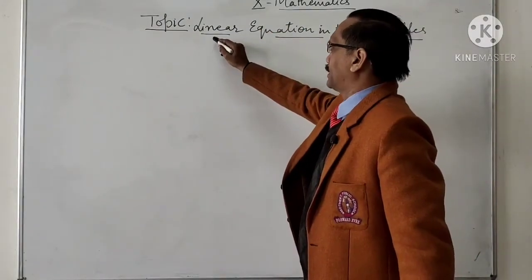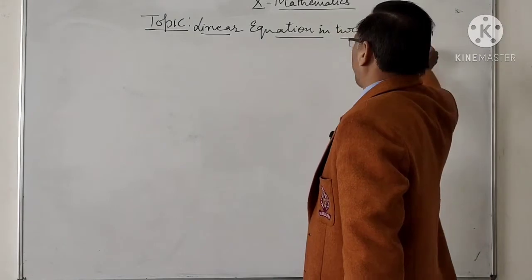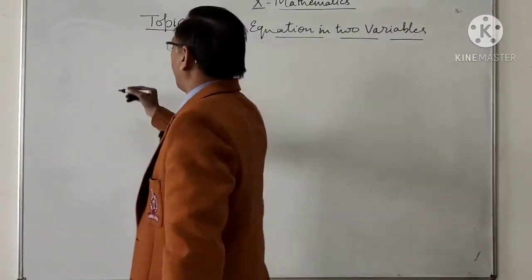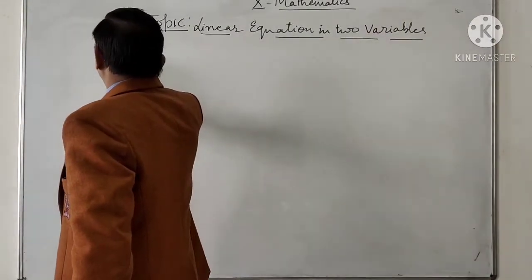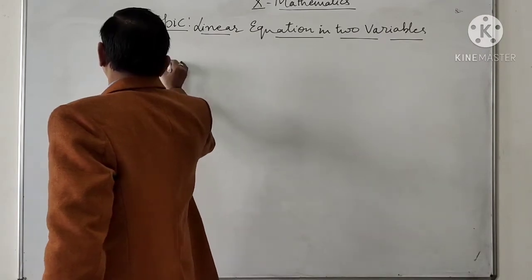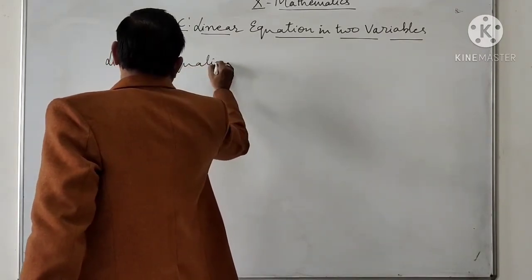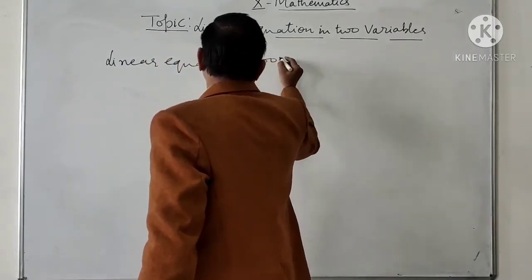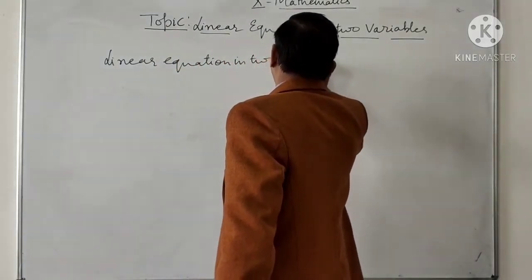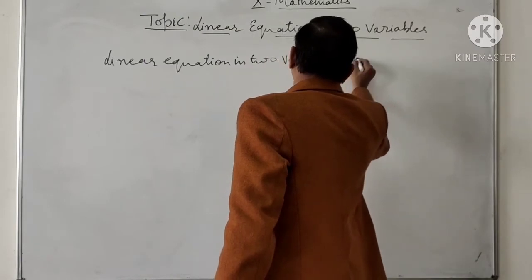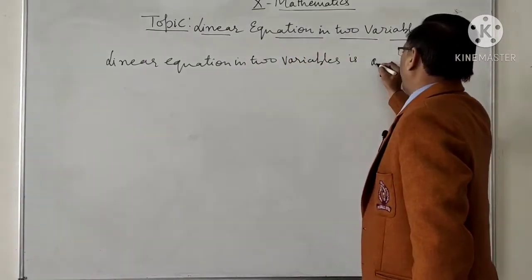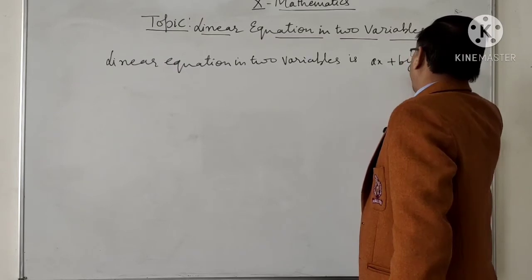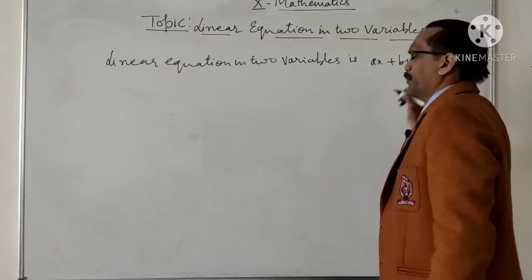Today's topic is linear equation in two variables. A linear equation in two variables is ax plus by plus c equal to 0.